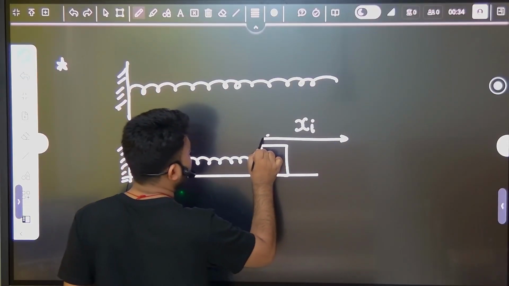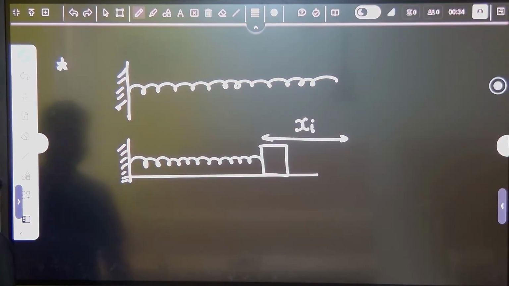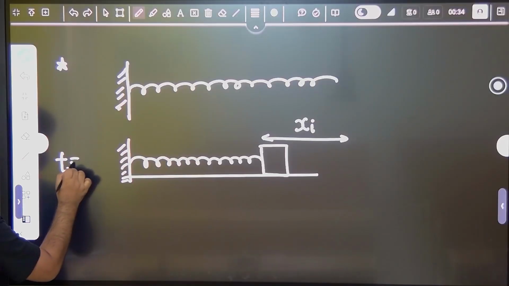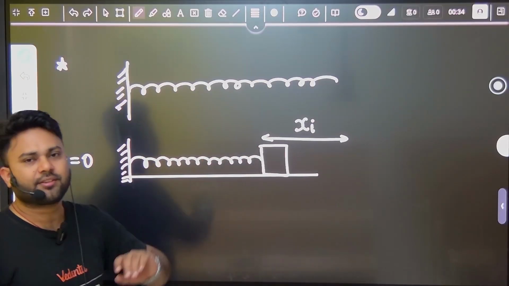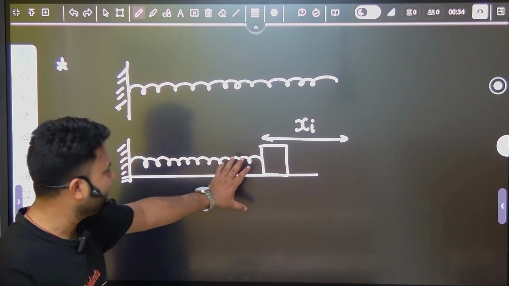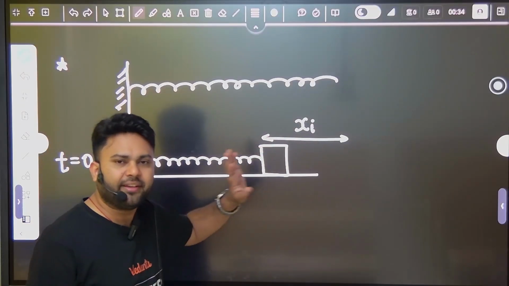This much we have compressed. At t equals to 0, the spring was compressed. Means initially this is the condition. The spring was already compressed.